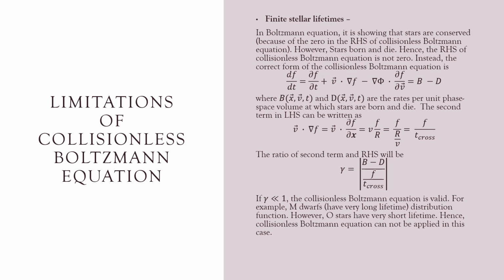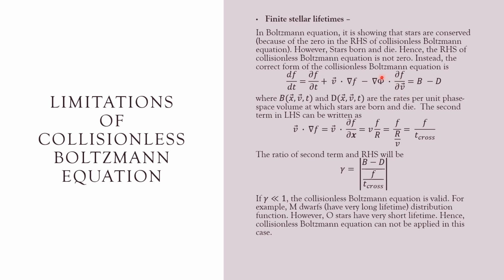However, in reality, stars are born and eventually die, rendering this assumption inaccurate. To rectify this, we need to modify the collisionless Boltzmann equation. The correct form accounts for both the birth and the death rates of stars per unit phase space volume. The modified equation takes the form as it is written here.